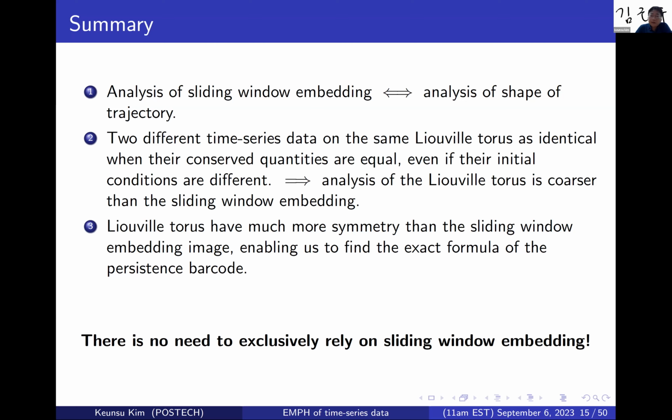So the difference between the sliding window embedding and the Liouville torus is just a different point of view. And the Liouville torus has much more symmetry than the sliding window embedding. It enables us to find the exact formula of the persistence barcode. That is the reason why we analyzed the Liouville torus rather than the sliding window embedding.